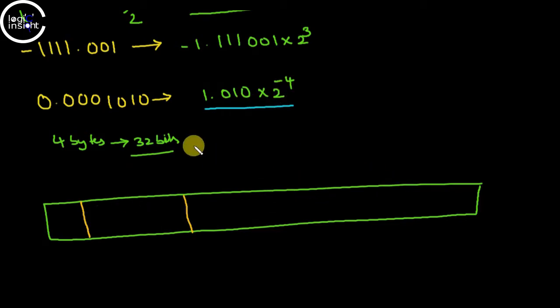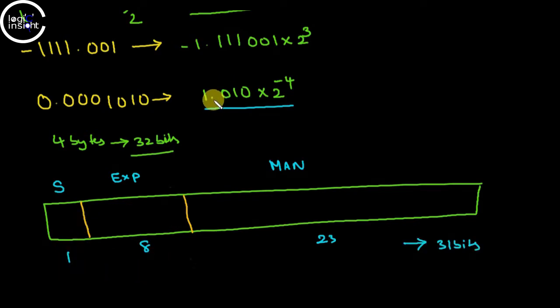The 32 bits are divided into 3 sections. We store the sign of the number, the exponent, and the mantissa. The mantissa takes 23 bits, the exponent 8 bits, and the sign 1 bit.